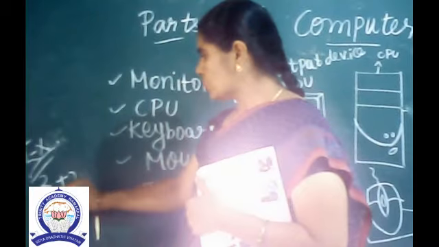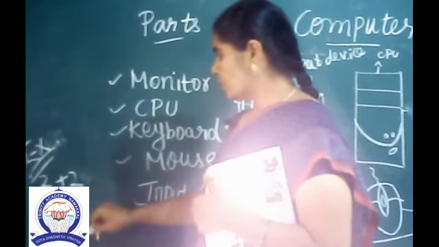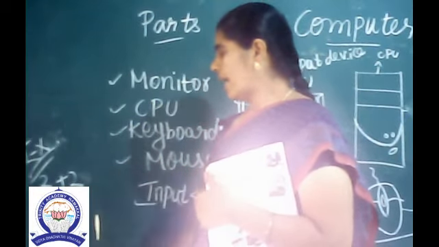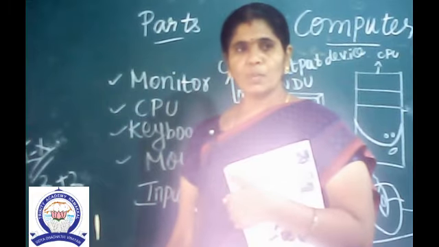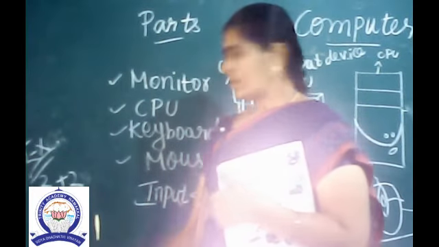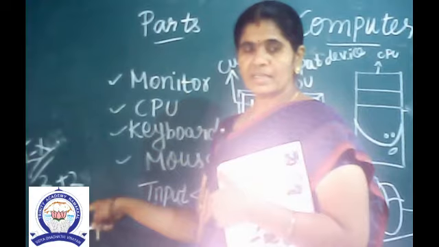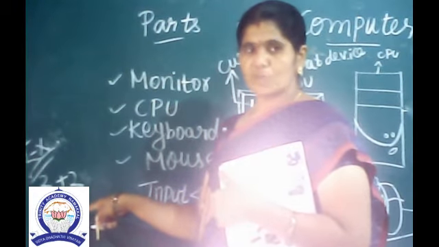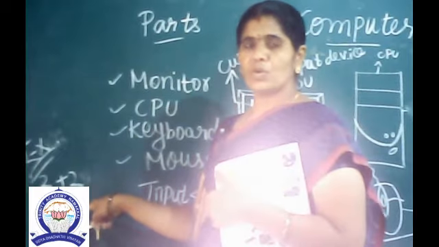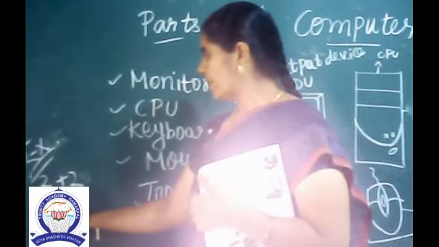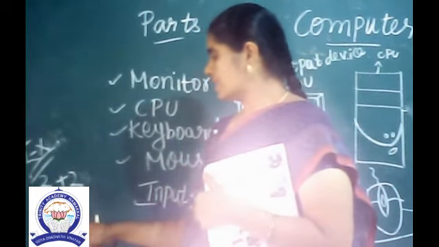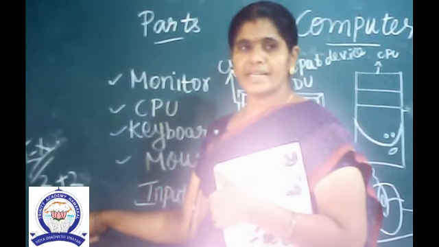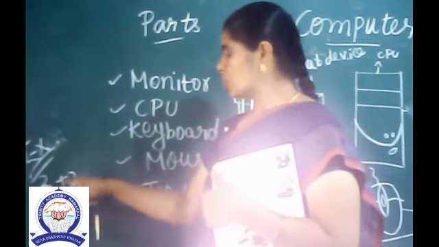2 plus 2 is equal to, here they are adding these 2 numbers. This is called processing. This processing is done by CPU. And finally, they are showing the answer with the help of monitor. 2 plus 2 is the data.